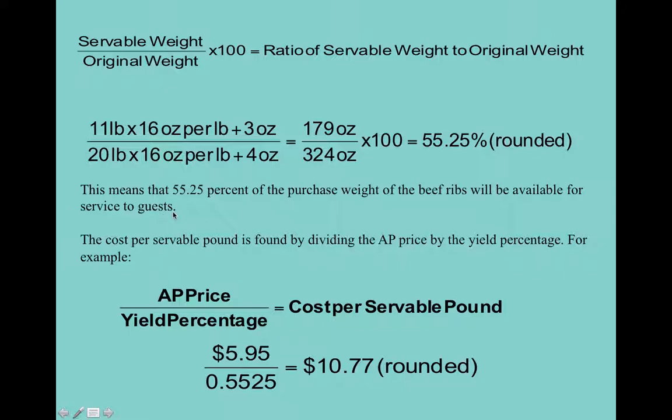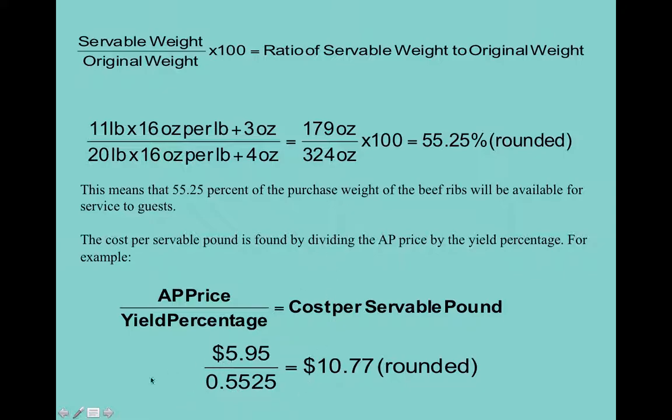So the next thing we're going to do is find out the cost per servable pound. We're going to take the AP price divided by the yield percentage. So here's our yield percentage up here. We converted it to a decimal, so we could have just skipped multiplying by 100 and you would have had it.